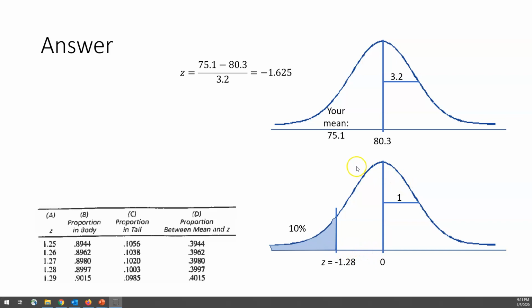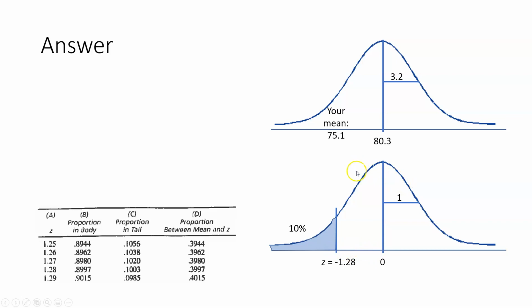And what you next need to do is figure out that your mean is 75.1 in your class. The z-score corresponding with your mean is negative 1.625. And that, plotted in the z distribution down here, falls about there. It's in the tail of the distribution, in the hardest 10%, suggesting that you might be one of the toughest teachers at Central Washington University.